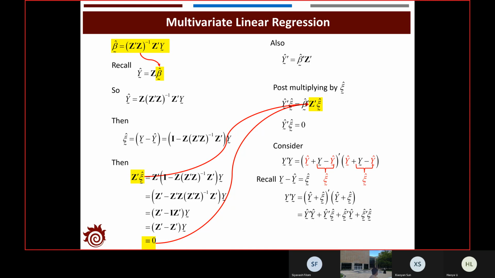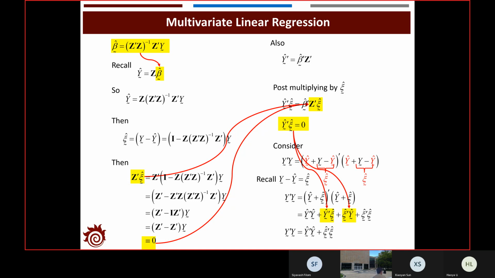In this equation, y hat transpose times epsilon hat, which is the one we defined earlier, is 0. And similarly for this one, it's also 0. So you get a simplified result, which tells you that the product of y transpose and y equals the product of y hat transpose times y hat plus the product of epsilon hat transpose and epsilon hat.